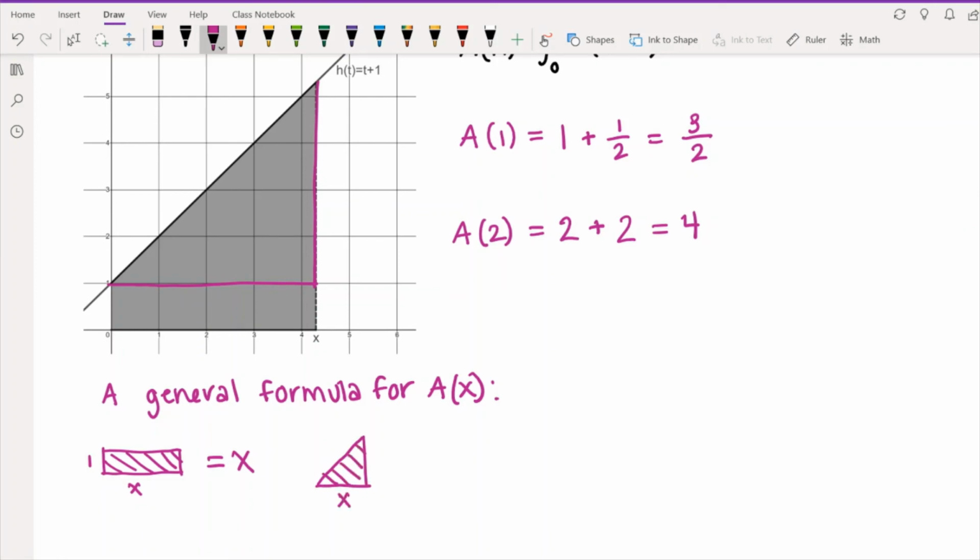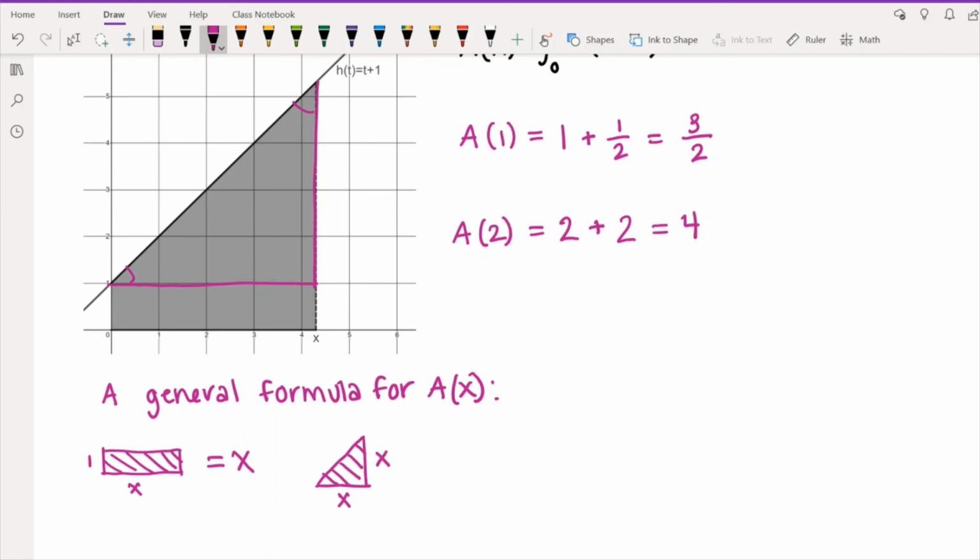Because we can just see that that is how long the base is. So what is the height going to be? Well, there's a couple of different ways to see it. One is just to see that this is an isosceles right triangle, right? If you look at these angles, these are both 45-degree angles. And so that means that whatever the length of the horizontal side is, the vertical side has the same length. So it's also going to be x.